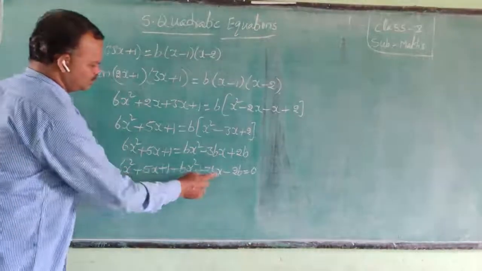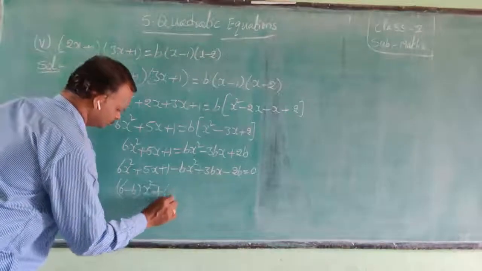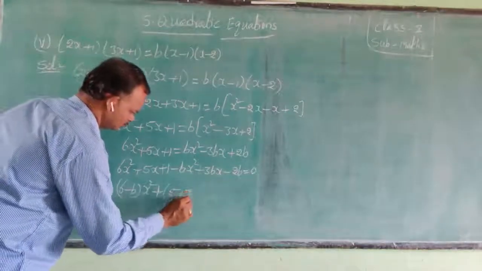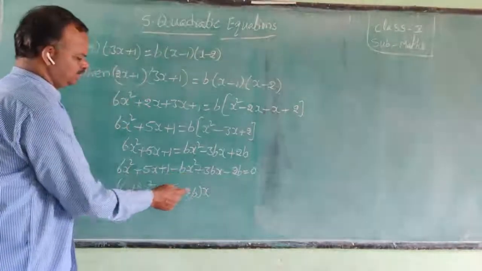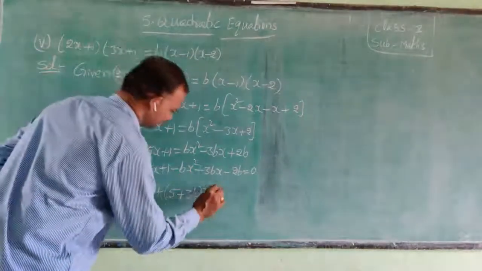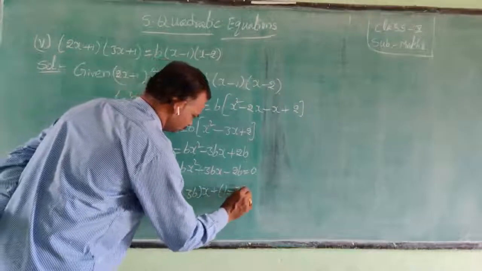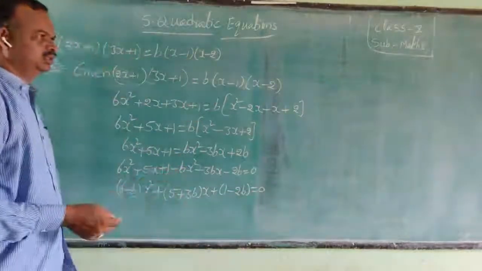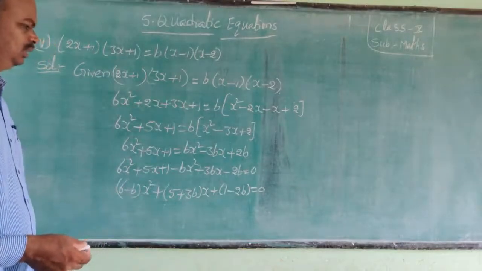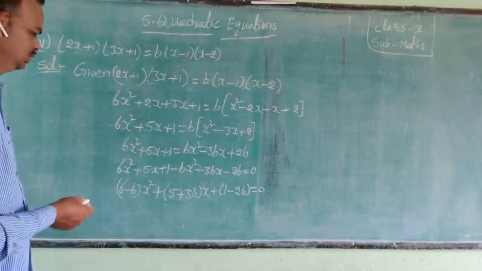Next, taking b common, 5 plus 3b into x. The remaining value is 1 minus 2b is equal to 0.